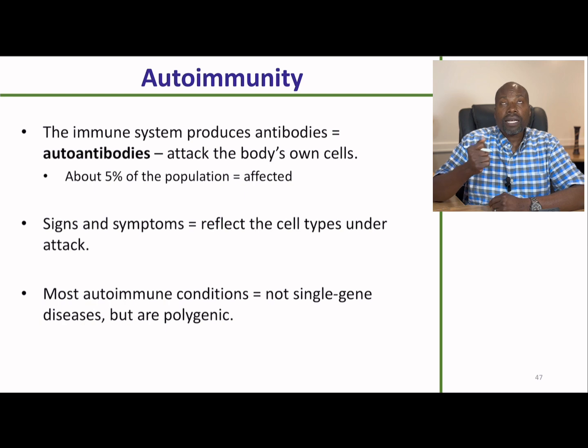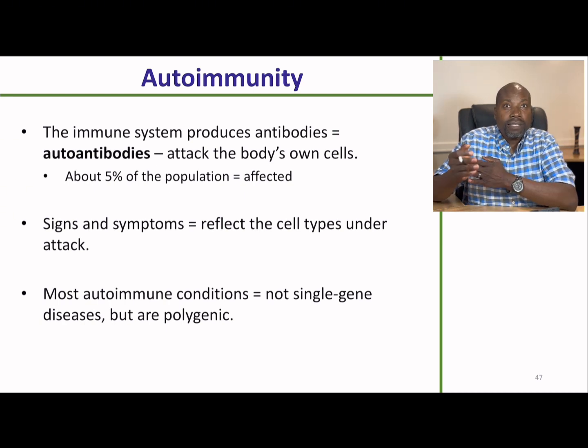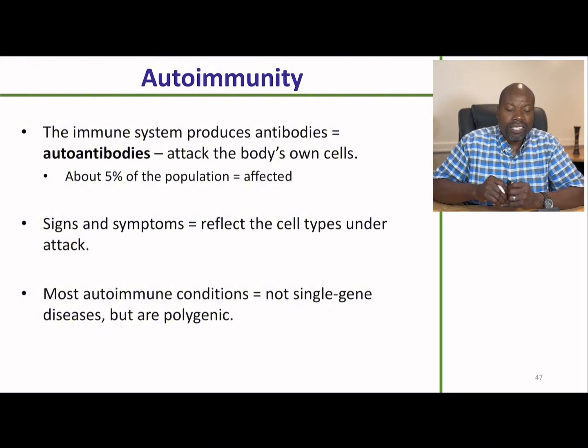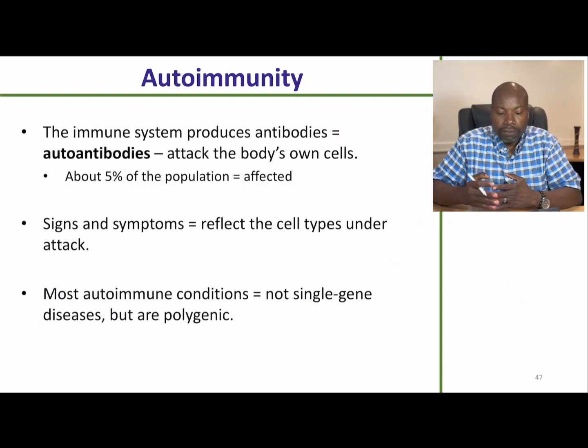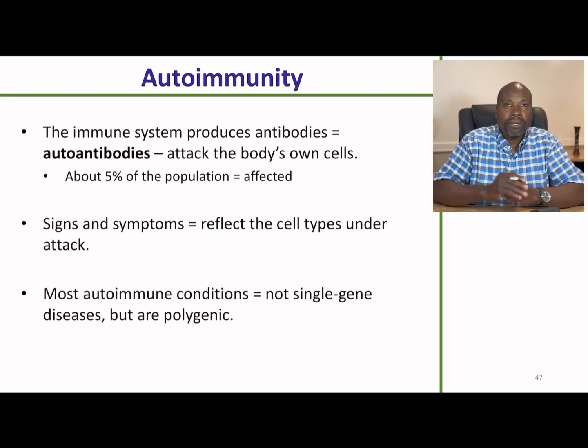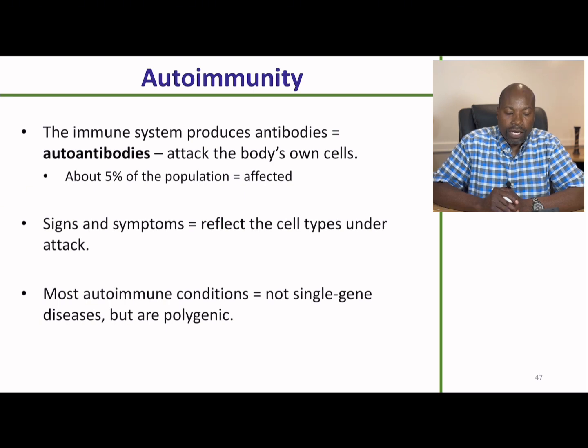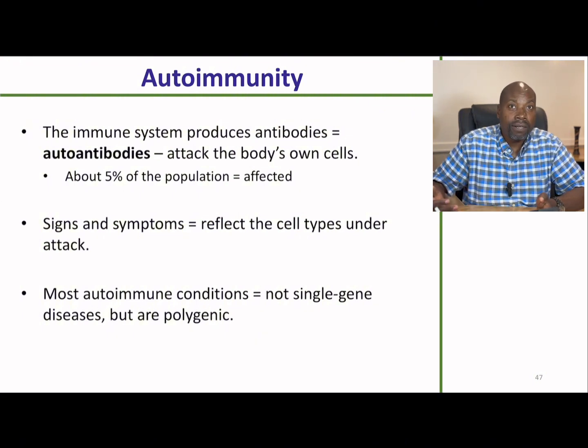Other conditions that are part of abnormalities is autoimmunity. Autoimmunity is when our immune system is not able to tell apart self from non-self, right? This happens in the population, and when that happens, that can cause, for instance, organ failures such as kidney failure, right?